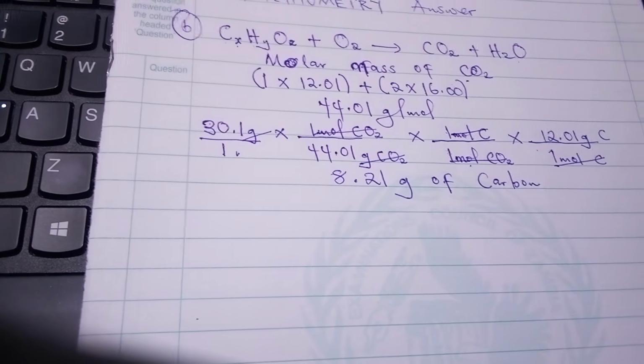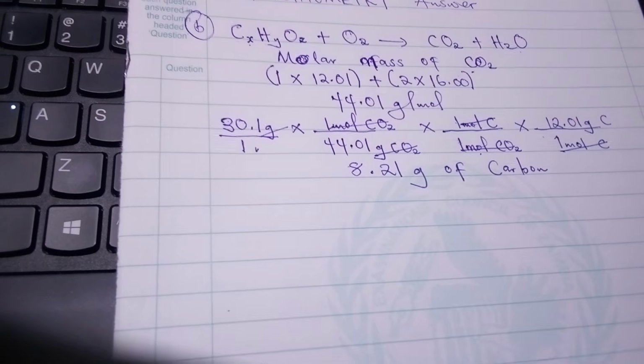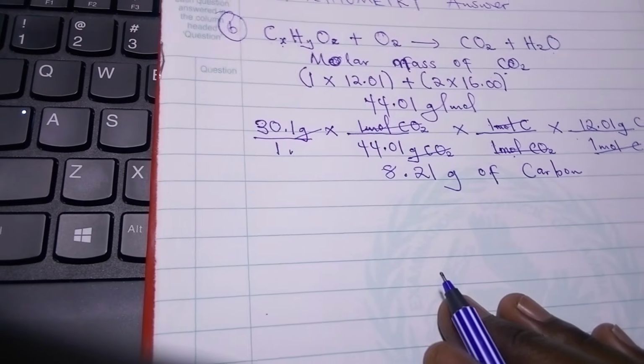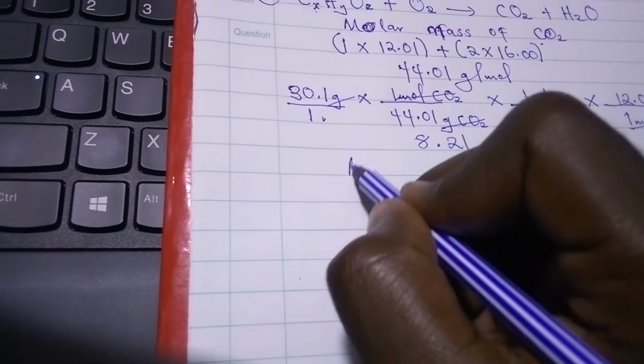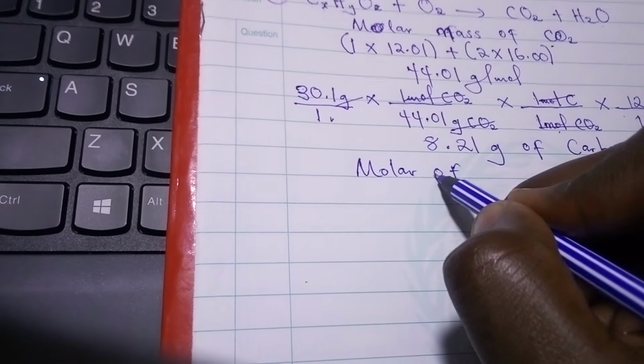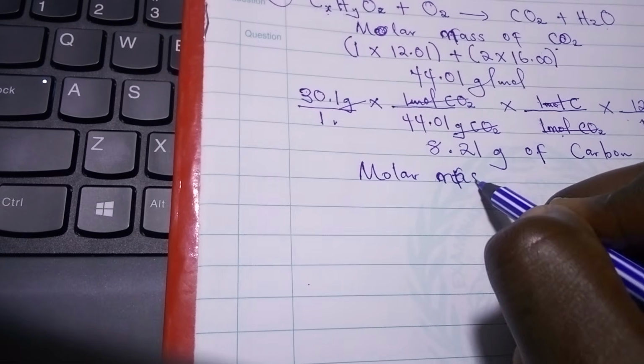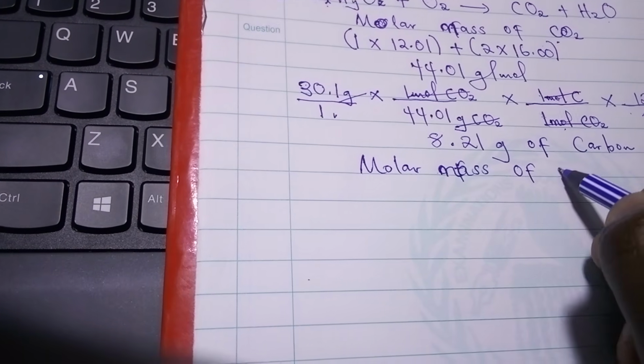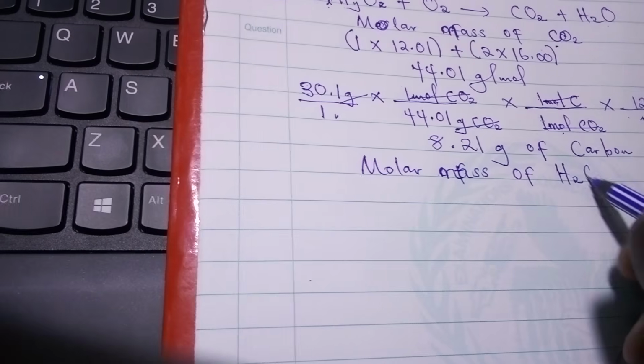The second thing you are going to do is find the mass of hydrogen. You are going to find first the molar mass of H2O.